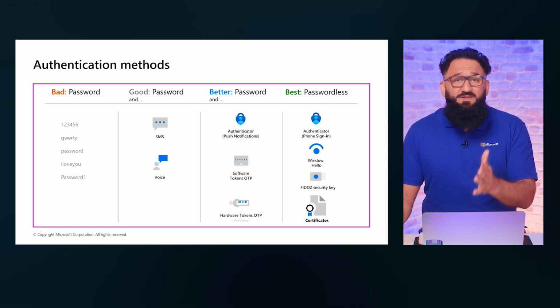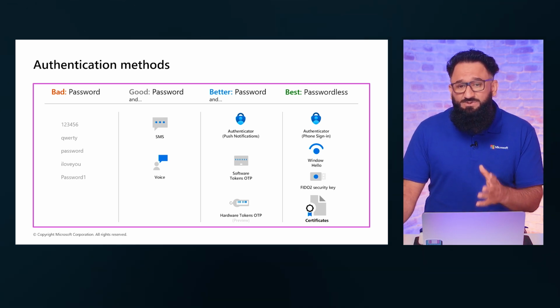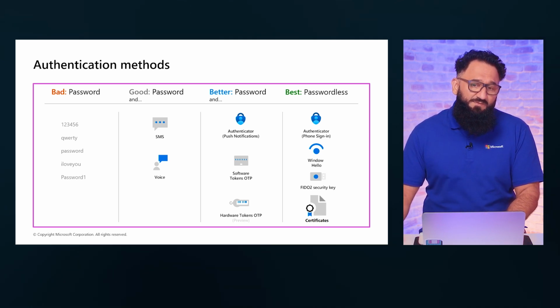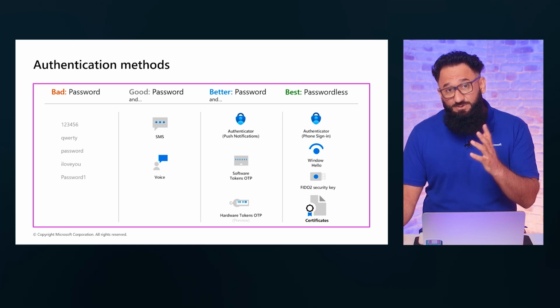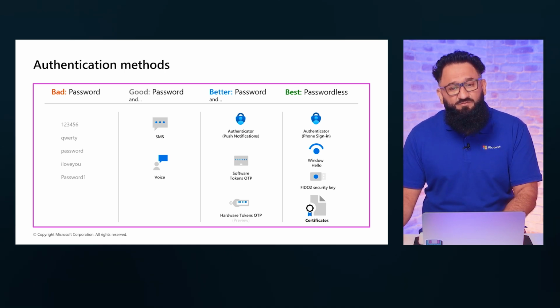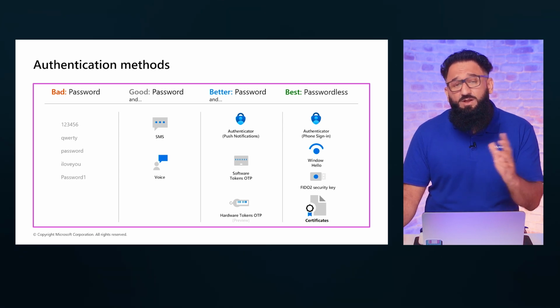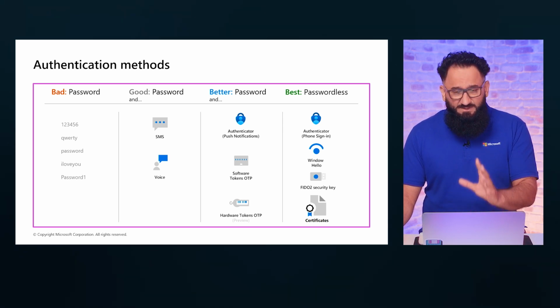So something better than that would be to include other sorts of authentication methods like the Authenticator app that we have that can help us send notifications and ask you to approve them, or using a software token or a hardware token in your environment.